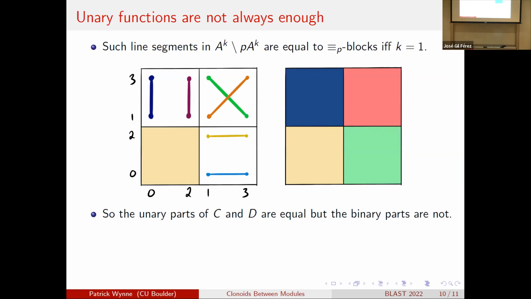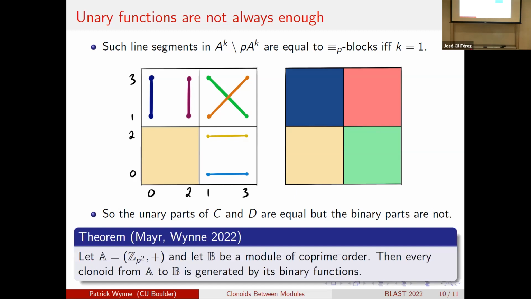Okay, and then we don't have quite the full picture for arbitrary modules or even for arbitrary abelian groups of coprime order, but at least for this case of Z_{p^2}, if A is Z_{p^2} and B is some module of coprime order, then every clonoid from A to B is generated by its binary functions.